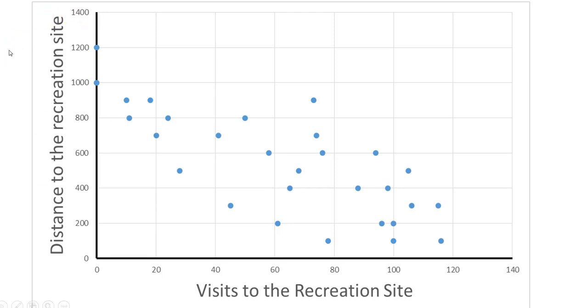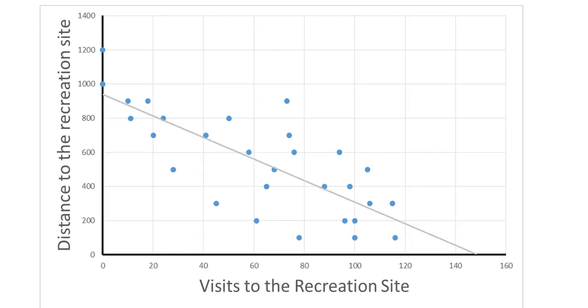Okay, so statistical analysis can then be used to fit a line that summarizes those data points. Here we have this gray line, and it looks an awful lot like the theoretical demand curve that we've been drawing. And that's true.